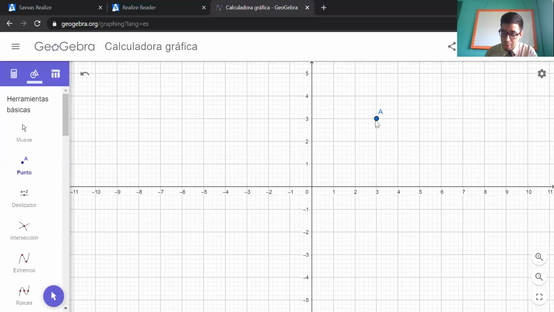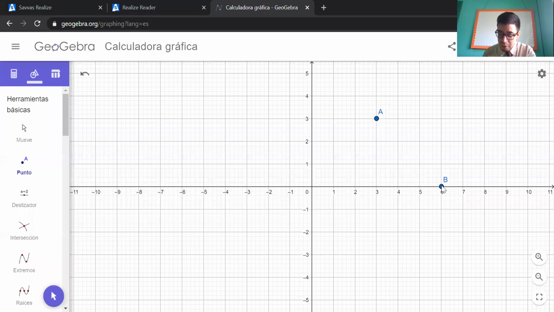The other point, B, is 6 for X and 0 for Y, so it has to be located in here.